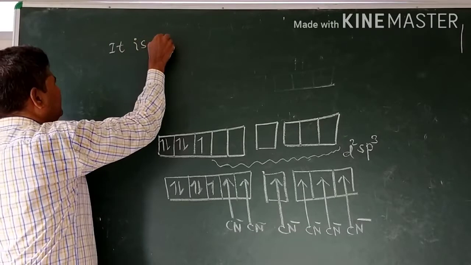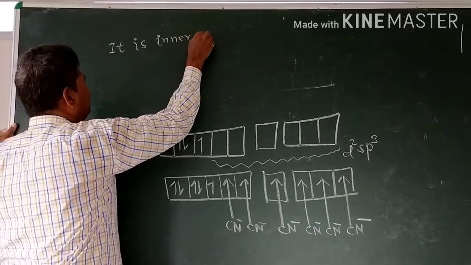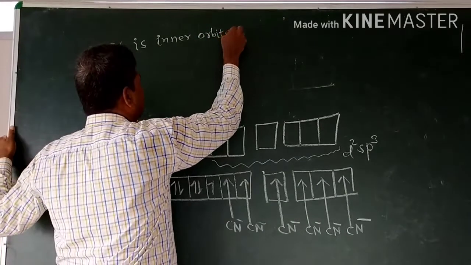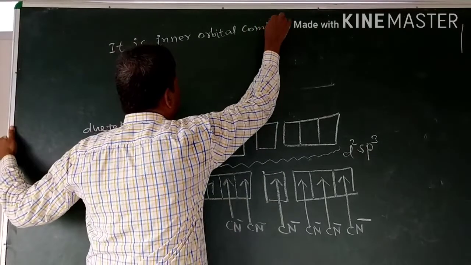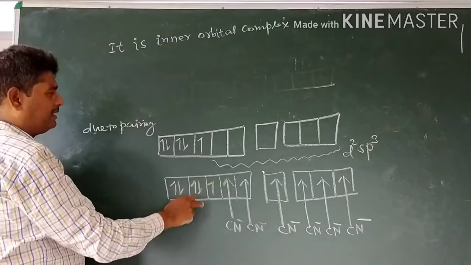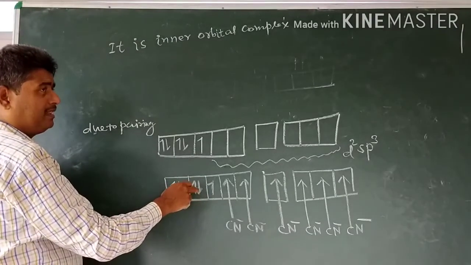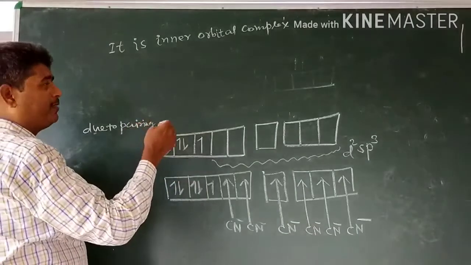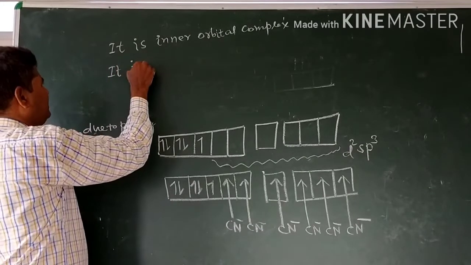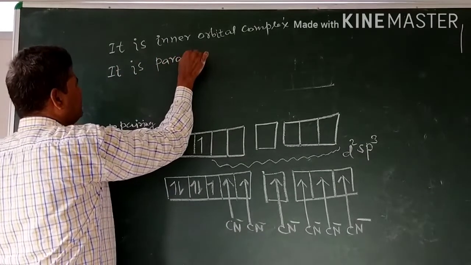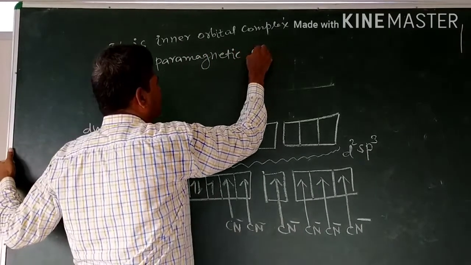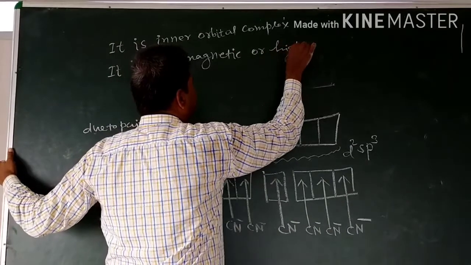It is an inner orbital complex. Due to presence of one unpaired electron in 3d, it will be paramagnetic or a low spin complex.